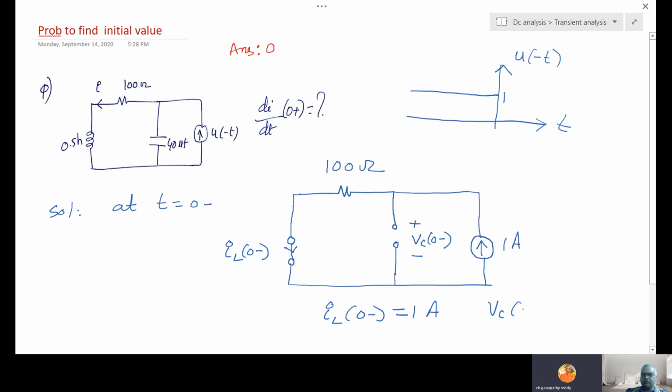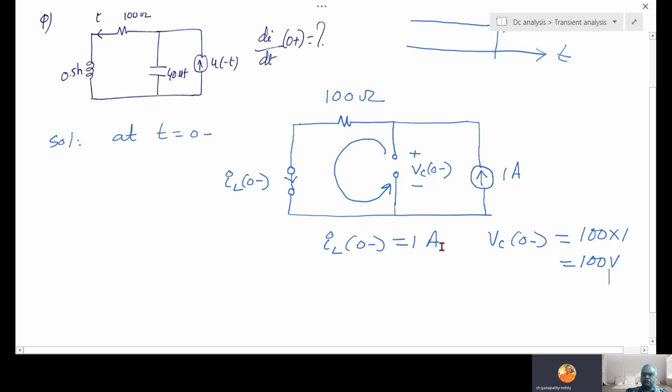What is Vc at 0 minus? Started positive, go to negative: 100 into 1, 100 volts. Here the other is anyway 0. So 100 into 1 equal to 100 volts. So we got this.